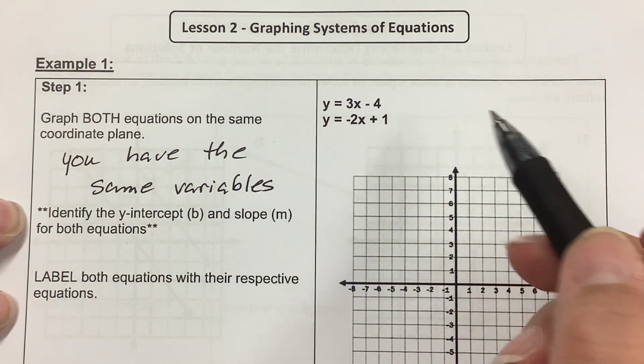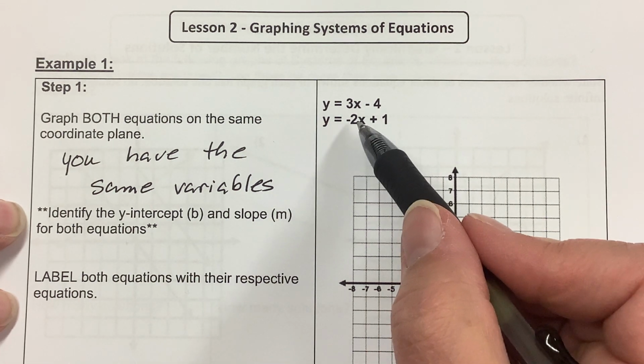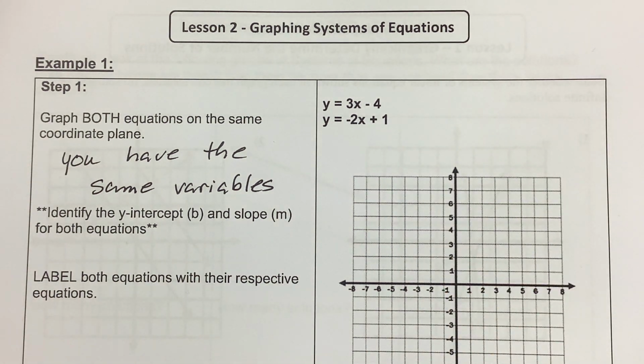In this case, the variables we have are y and x, but it could be other variables. It could be m and n, it could be a and b, as long as it's the same variables in both equations. So, identify the y-intercept and the slope.